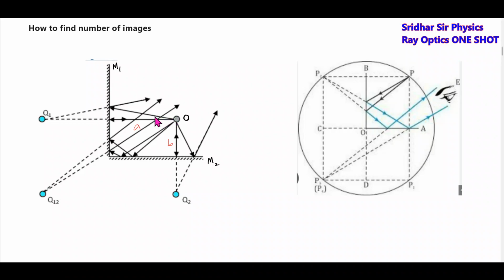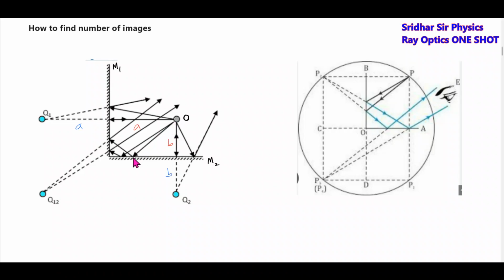Similarly, I'll send one incident ray towards M1. After reflection, the reflected ray will diverge from this point. So this will be the image distance A, and here this will be image distance B. This is object distance, image distance. Next, I'll send one incident ray.